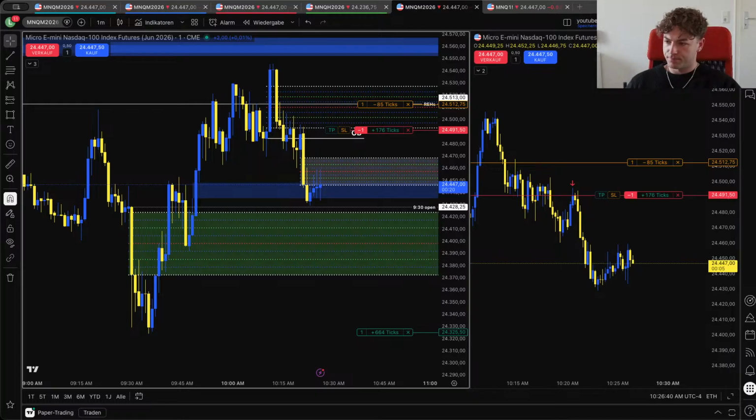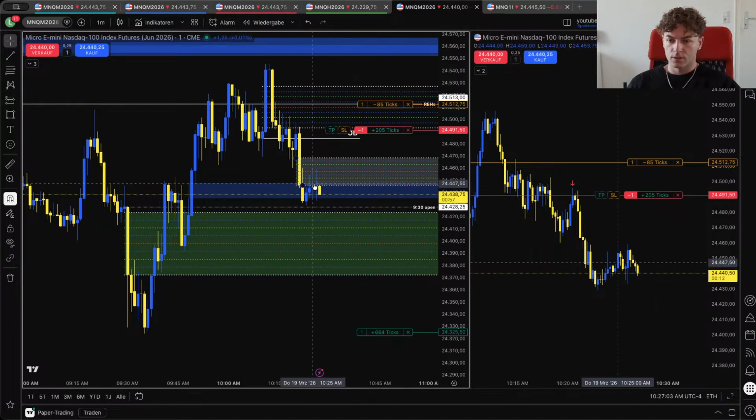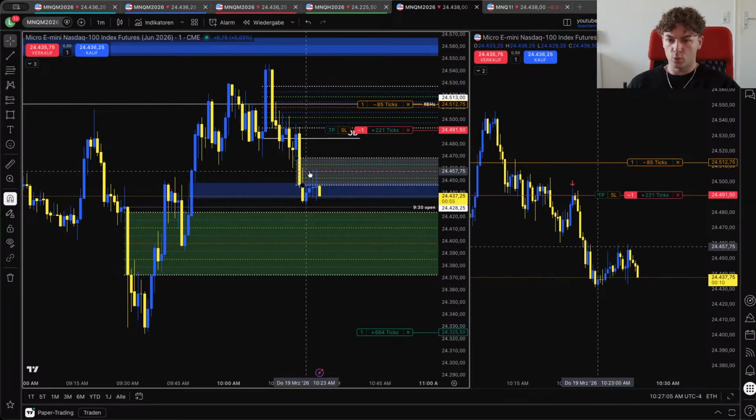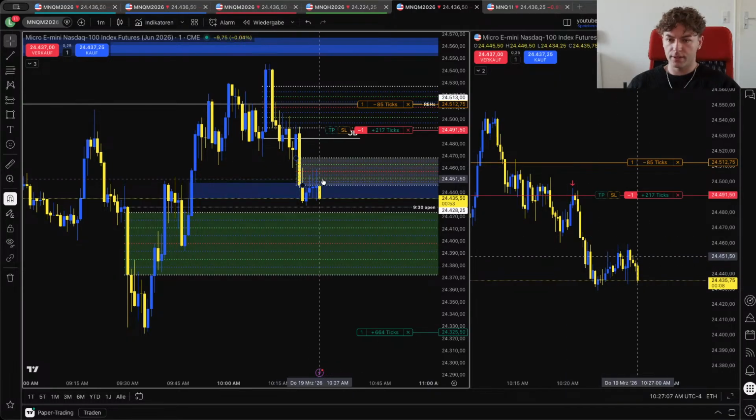Let's see. See how we were only able to wick higher into the fair value gap, into the midpoint, but see where the body closes.